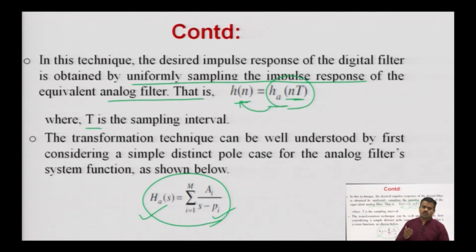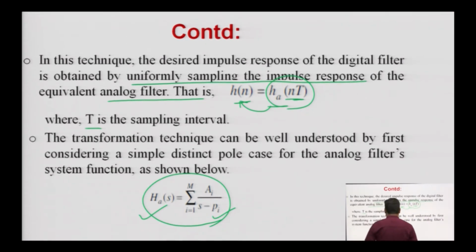It is 0 before zero, and after 0 up to infinity its value will be 1. This is the biggest advantage of u(t). If we associate u(t) here, it will be for IIR. So, in case of IIR you can associate u(t), that is why I am writing u_a(t) here.